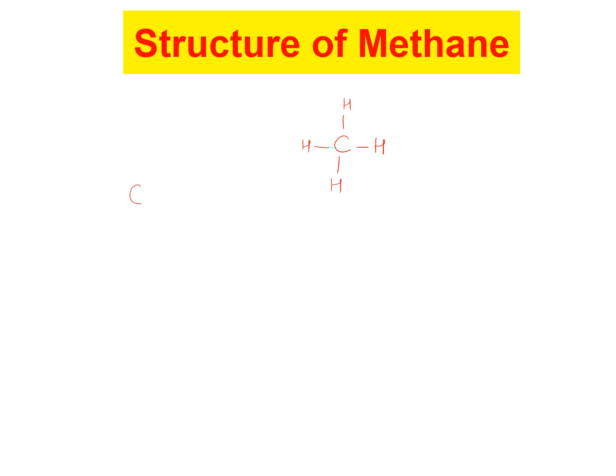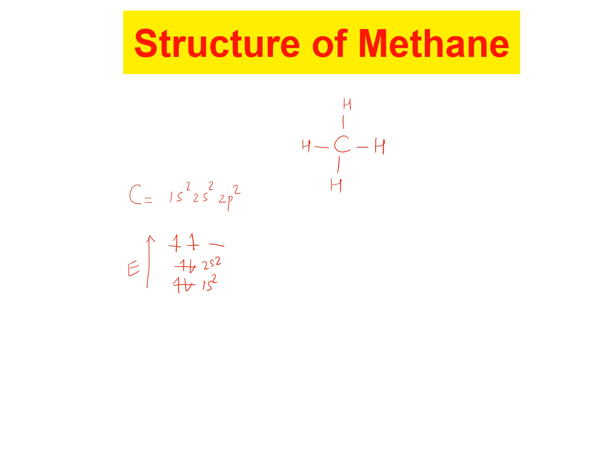If we write the configuration of carbon, we have carbon as 1s2, 2s2, and 2p2. Or you can write it in this manner, in the energy level diagram, where E is increasing: you have 1s2, 2s2, and then the p orbitals are all at the same level, and we have 2 electrons in there.